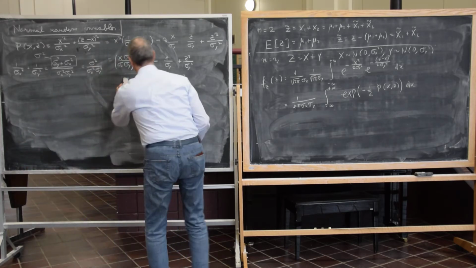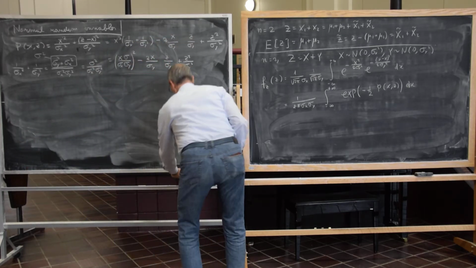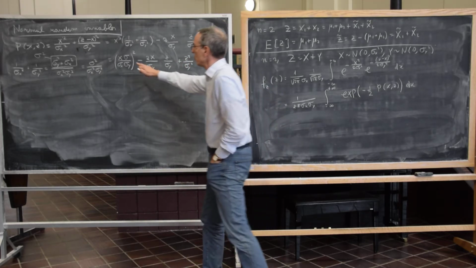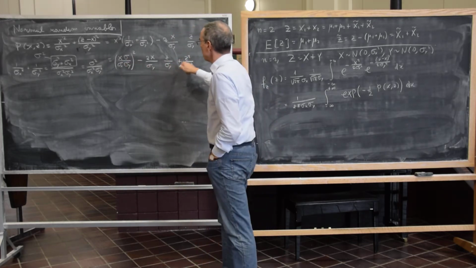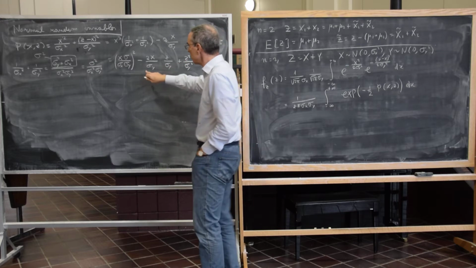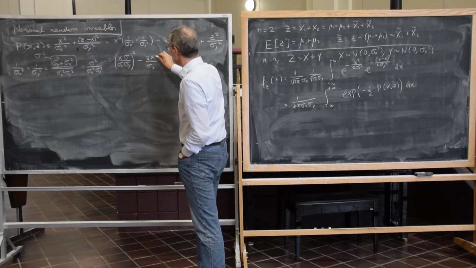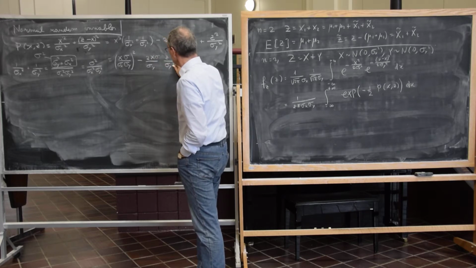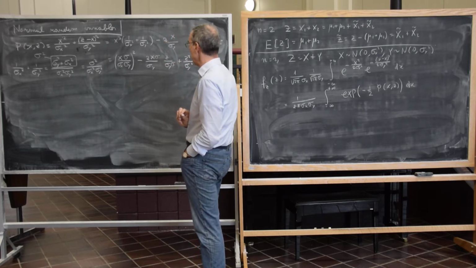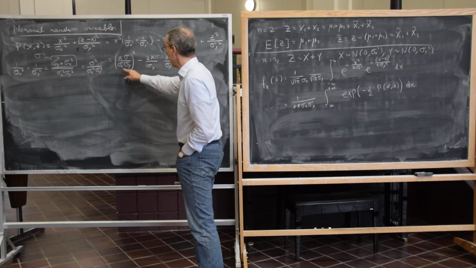So here you want to write a square. Okay, so that's already a square. This is the cross product. So you have 2 times x, and you want to put a sigma here and a sigma here, and then a sigma x here.